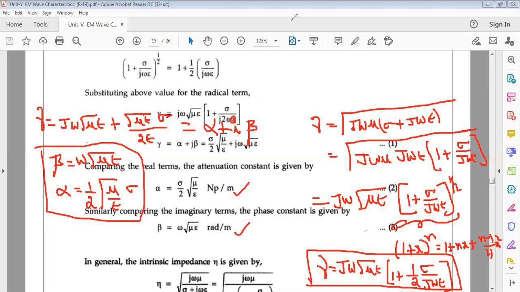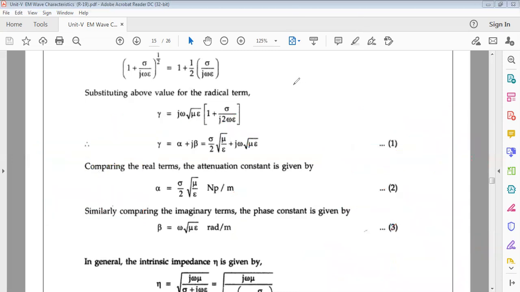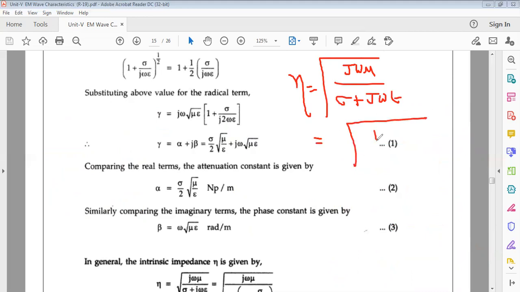In a similar way, for the practical dielectric, we can find out the intrinsic impedance also. What is the intrinsic impedance? Eta is equal to under root of j omega mu by sigma plus j omega epsilon. For this also you can take the common j omega epsilon, so j omega mu by j omega epsilon, whole multiplied by 1 plus sigma by j omega epsilon.